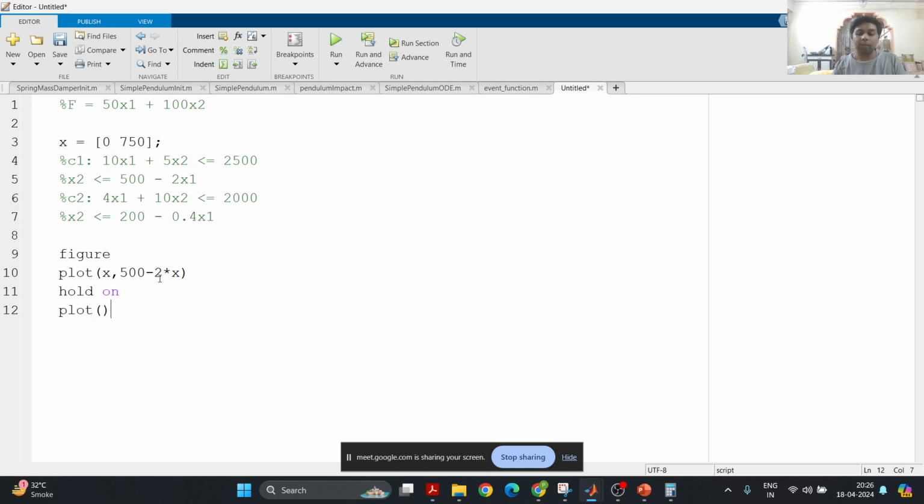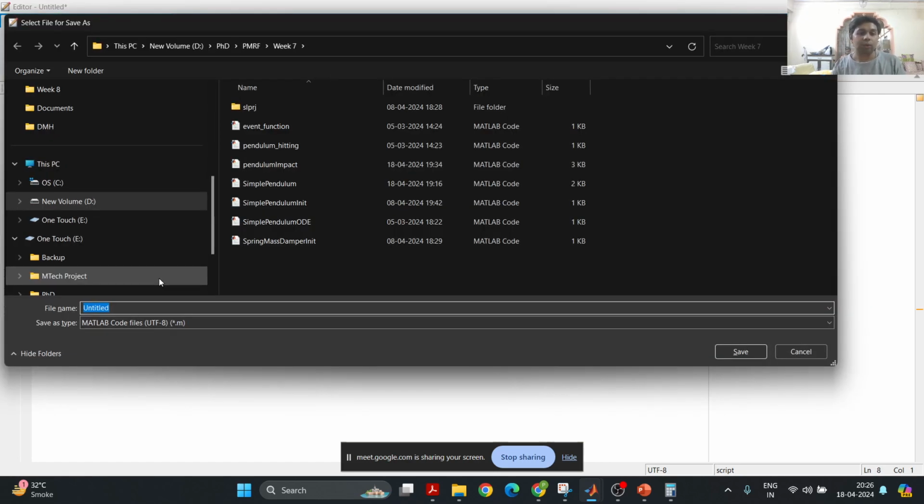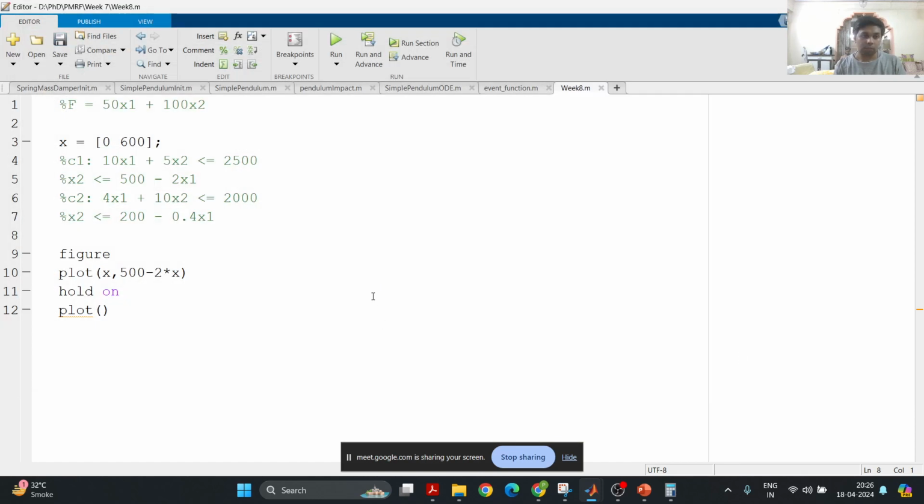So we assume a sample interval 0 to 750, or we can actually reduce it to 600 also, so as to visualize the constraint lines.